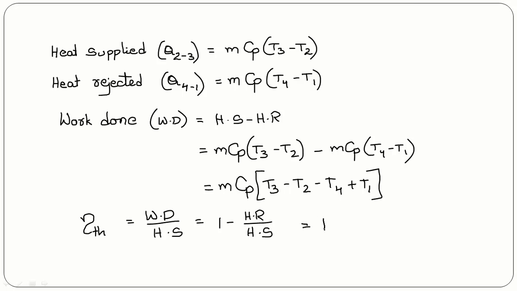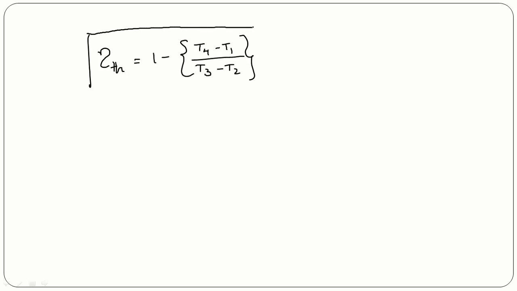So this will be equal to 1 minus mCp(T4 minus T1) by mCp(T3 minus T2). mCp gets cancelled. So now the thermal efficiency is 1 minus (T4 minus T1) by (T3 minus T2). So this is the thermal efficiency in terms of temperatures.